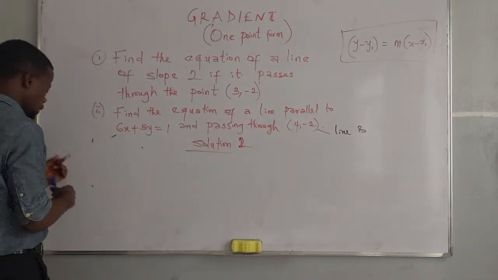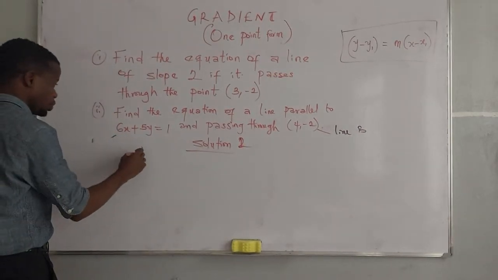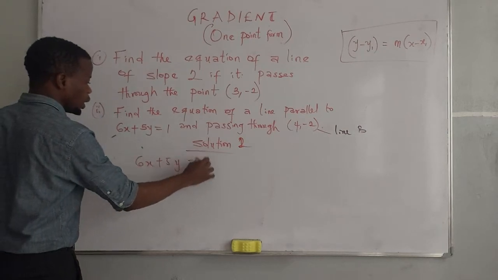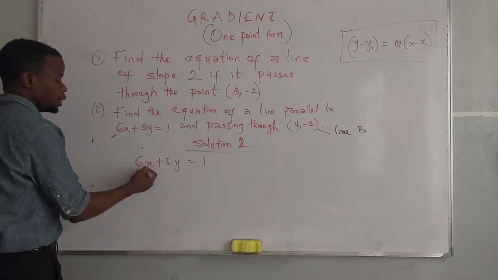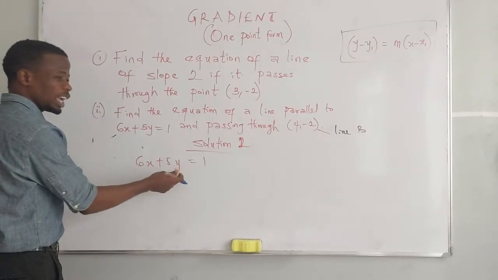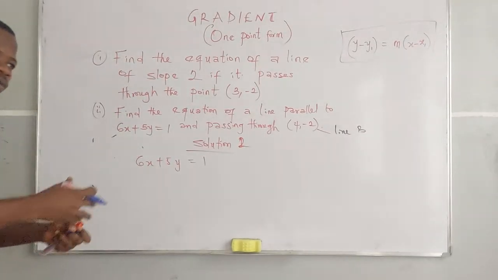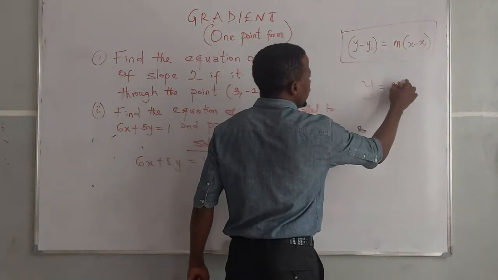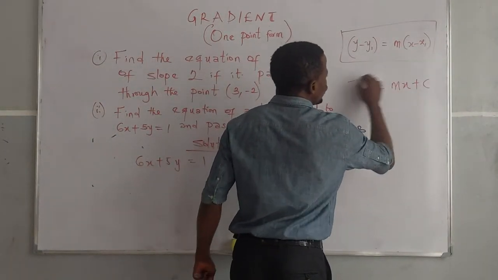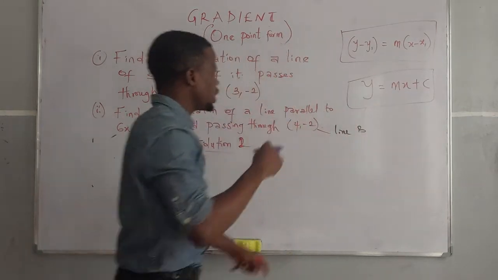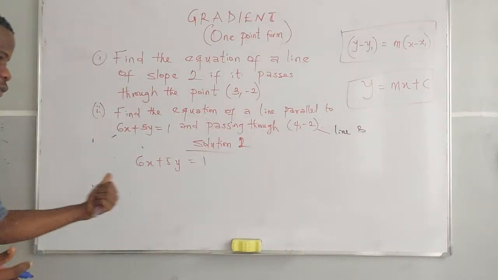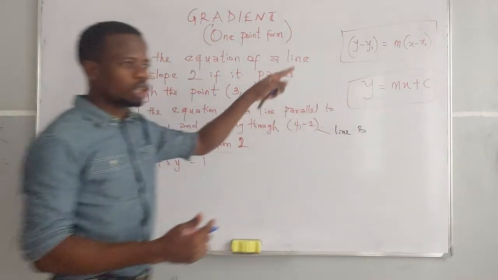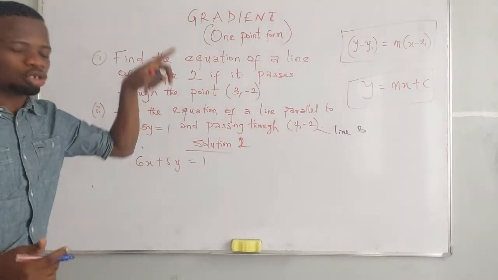We need the gradient of this line: 6x plus 5y is equal to 1. But we need to express it in the form of the equation of a straight line, which should strictly be y is equal to mx plus c. Observe that the equation of the line we solved in question 1 was in this form.